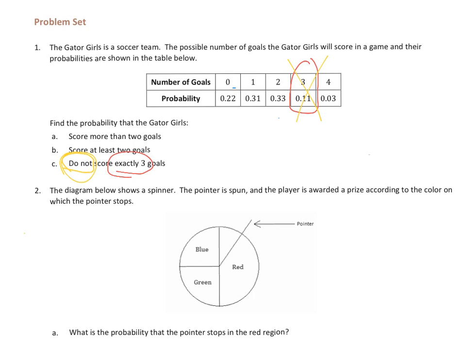So that's the probability of scoring 0 plus the probability of scoring 1 plus the probability of scoring 2 plus the probability of scoring 4.